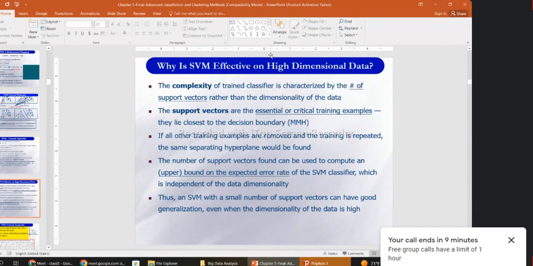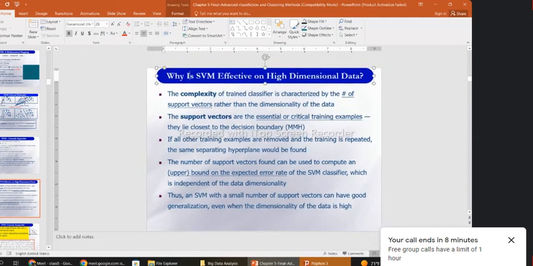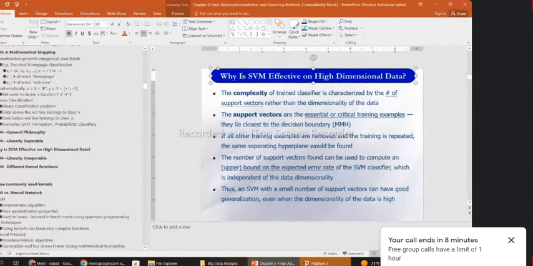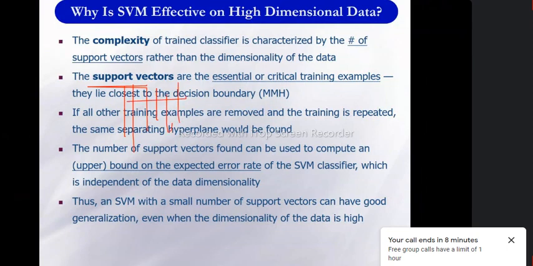So SVM on a highly dimensioned data set is very essential. It means that if the data set has a high number of dimensions, it is very complex.